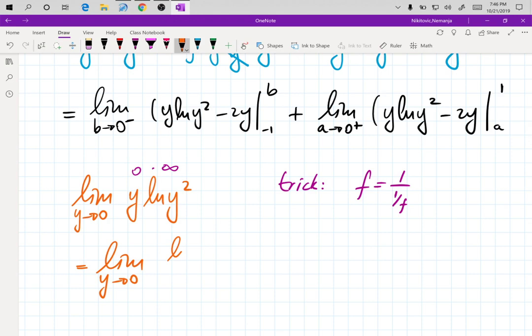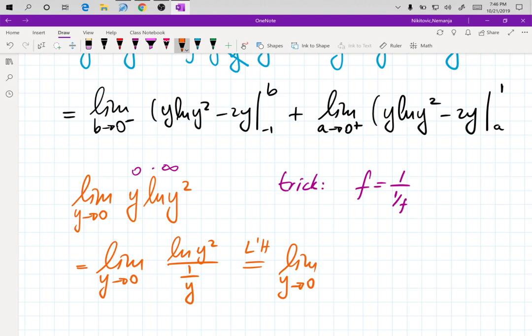Now, by L'Hopital's rule, we take independent derivatives of the numerator and denominator, because now we are at infinity over infinity, right? When you plug in 0, you get ln of 0, that's negative infinity. And when you divide 1 by 0, you also get infinity. So now when it's infinity over infinity, you can use L'Hopital's rule.